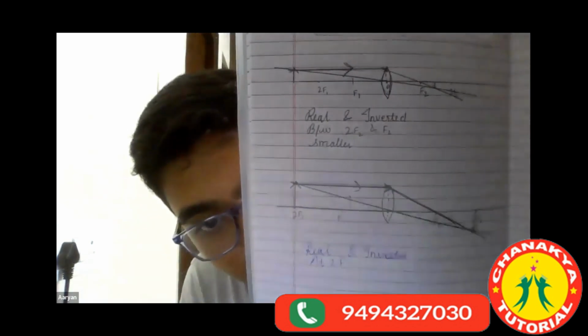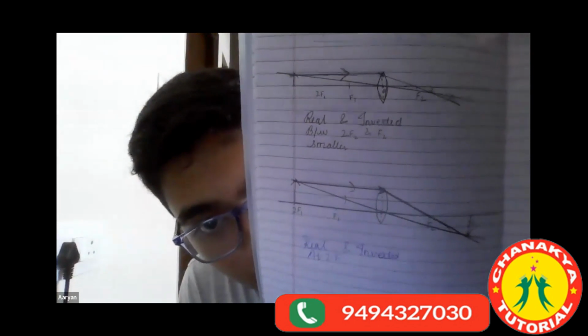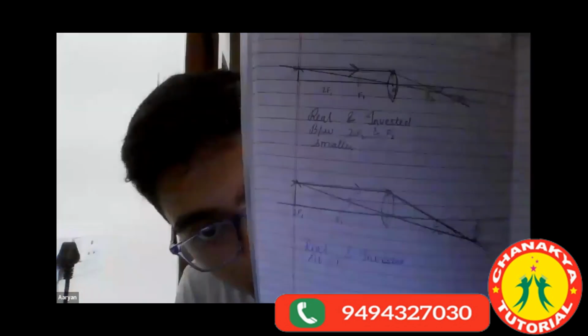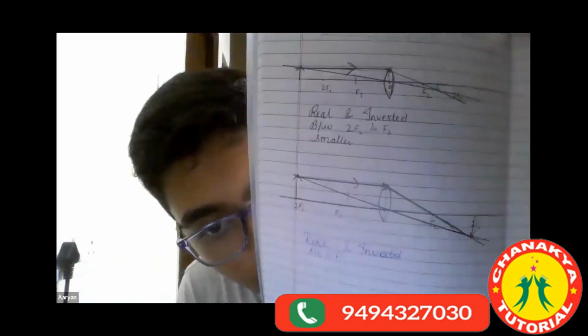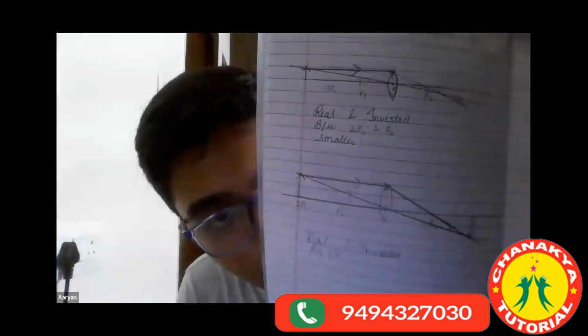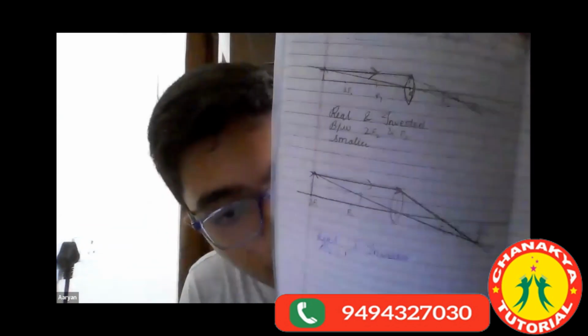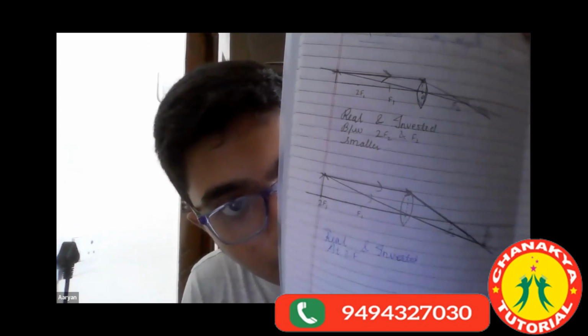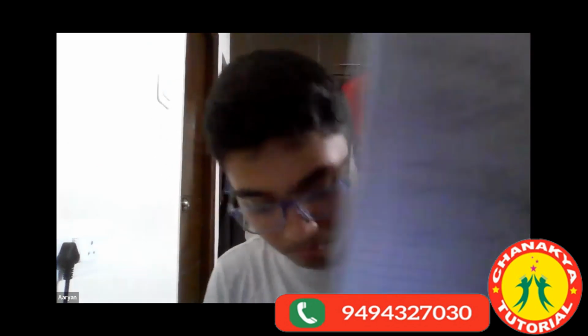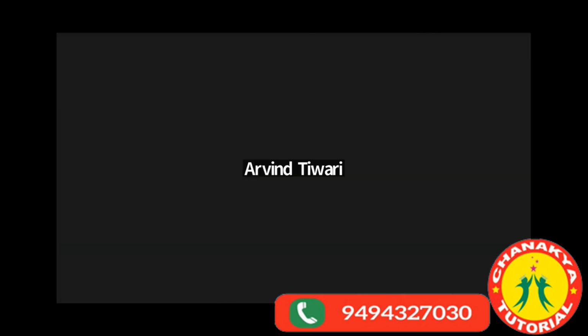You have real and inverted, between 2F2 and F2, and smaller. And the second one is, yeah, it's good. You can remove. Then, okay, Dhairya and Shubhansh. Shubhansh, can you show? Sir, can you show the second diagram once? Sir, I have not completed it. I have to see the second diagram.